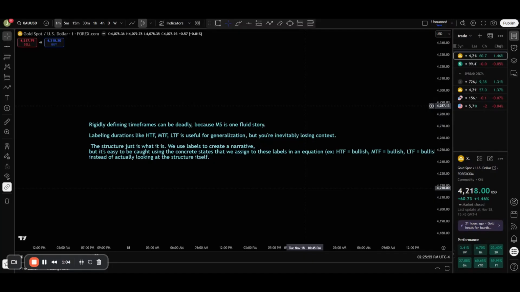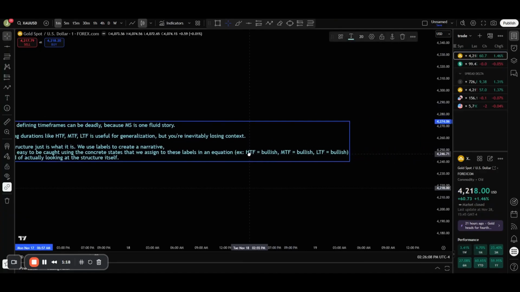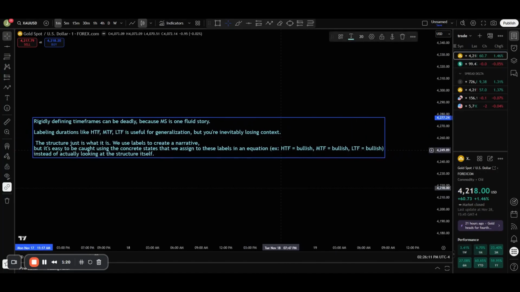But when it comes to the decision to take a trade itself, the decision should be based off of what you're actually seeing with your own eyes, what structure actually looks like, as opposed to throwing these labels into an equation and using that, right?